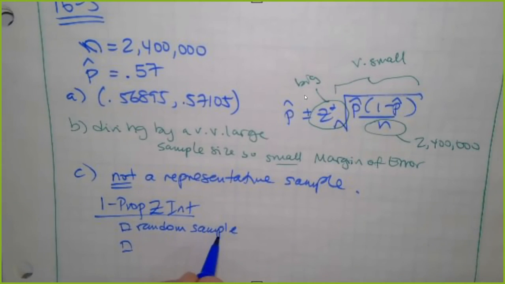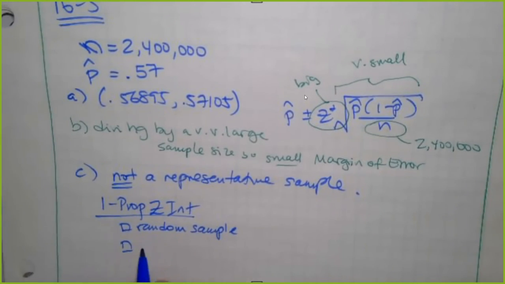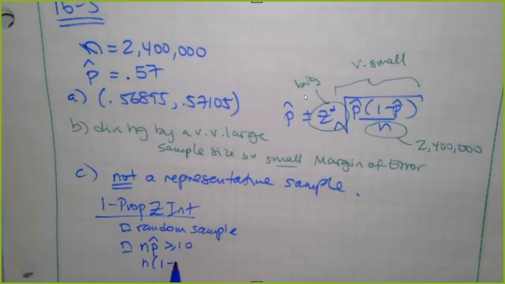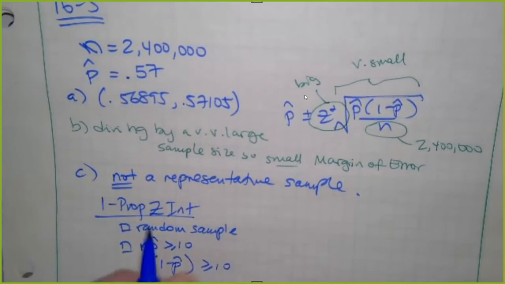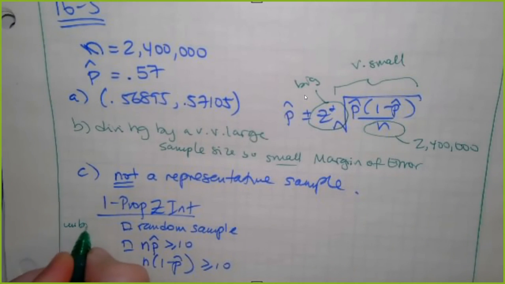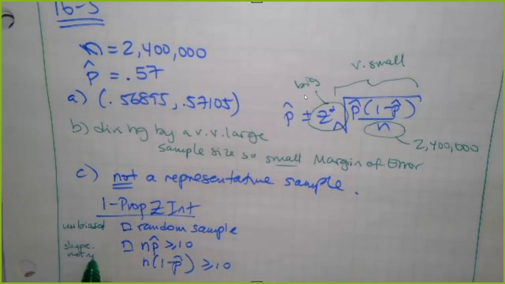The first thing you do is check if you have a random sample, and that checks if your p-hat is close to where it should be, and this one was not. The second condition you have is n times p-hat greater than or equal to 10, and n times 1 minus p-hat greater than or equal to 10. So, just a comment, the first condition is checking that you're unbiased, that your center is good. This is checking that the shape of the distribution that you're working with is normal.